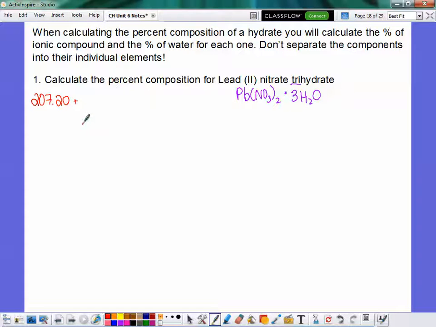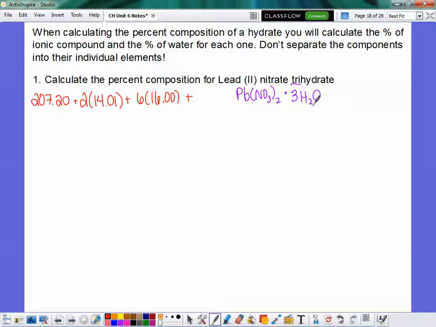We have 2 nitrogens in lead 2 nitrate, and then we have 6 oxygens. Now, yes, we're using a dot, and in math, that dot means that we are multiplying, but with a hydrate, we're just adding the 3 waters, okay?